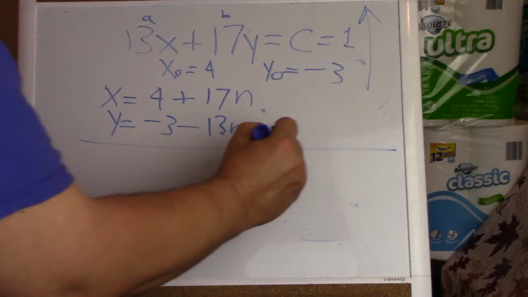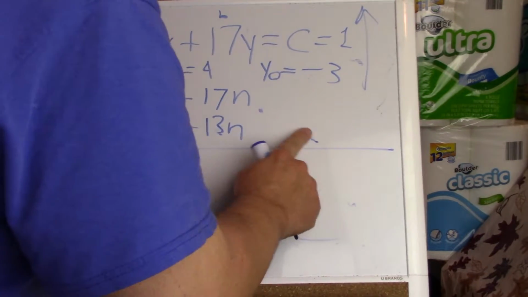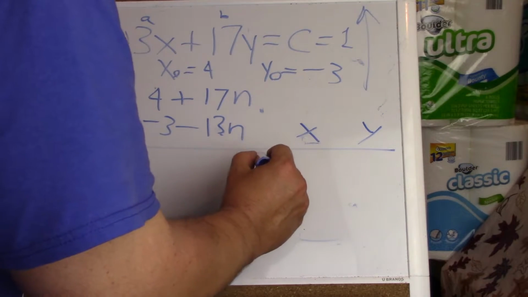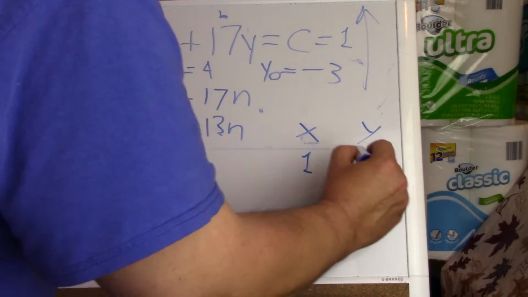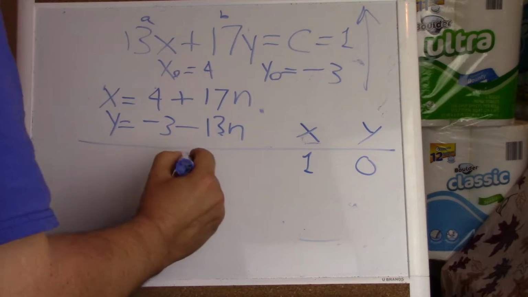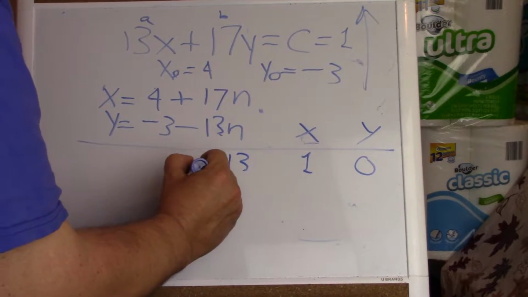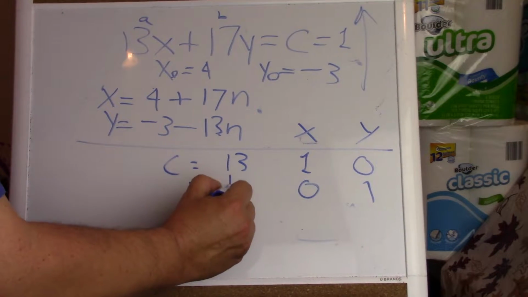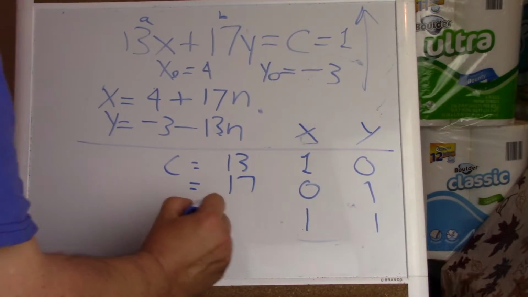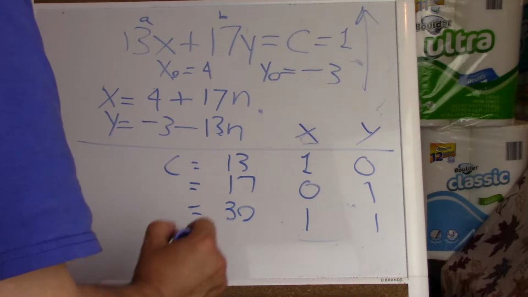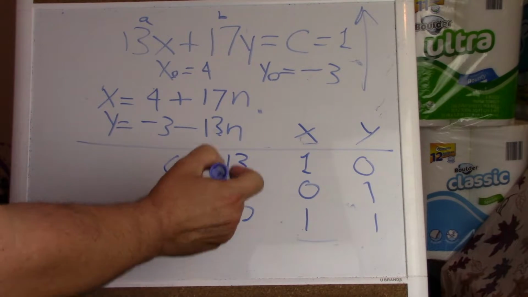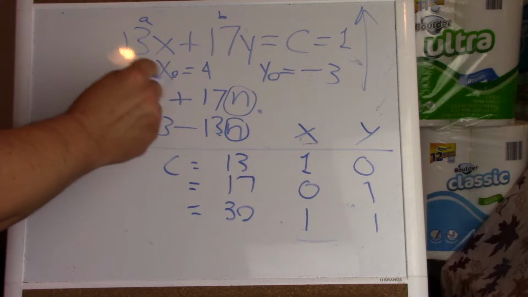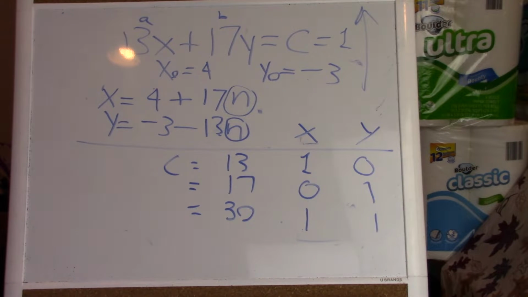Values of x and y, I'm sorry. If you do 1, 0, you're going to get 13. If you do 0, 1, you're going to get 17, and so on. Now, to get these values, you have to hit a certain n to start getting positive numbers in the x's and the y's.